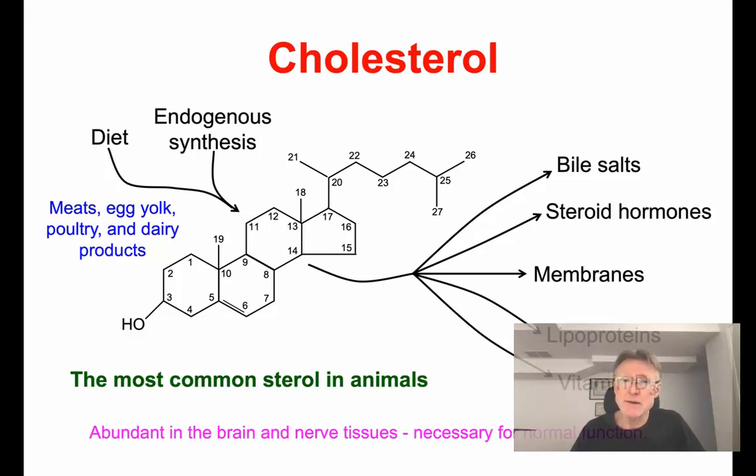But this gives you an idea of how important cholesterol is for normal function of the organism. And it is by far the most common steroid in animals. And just to give you an idea of how crucial it is to have abundant cholesterol in your body, the brain is extremely enriched in cholesterol. Also the nerve tissues.